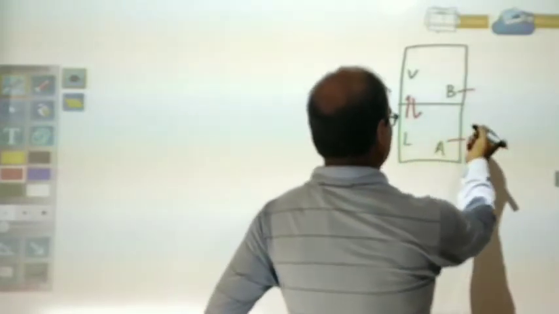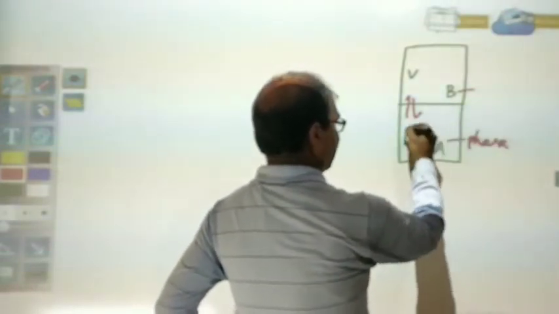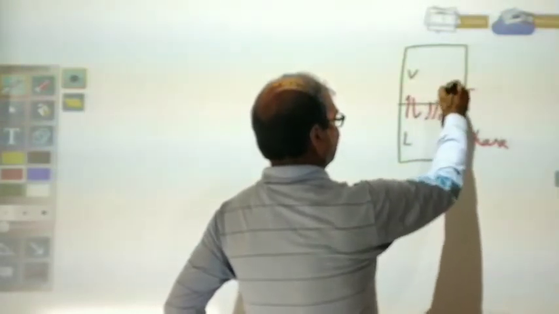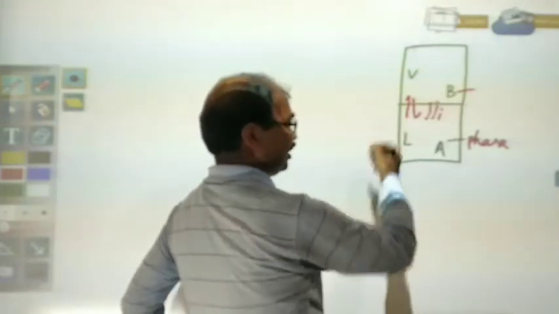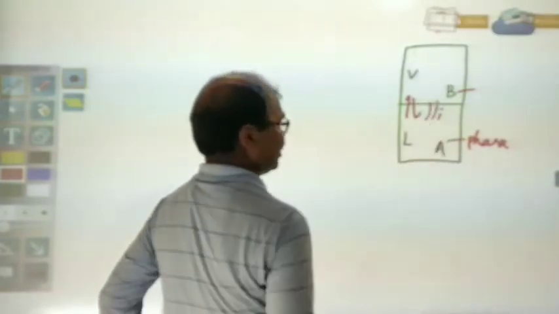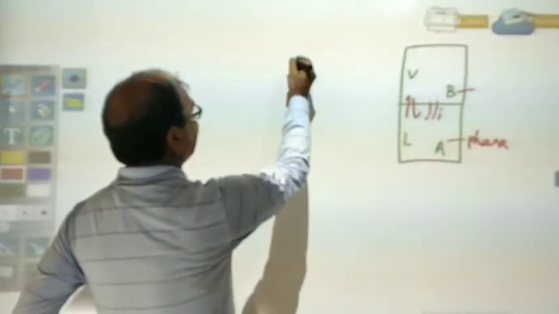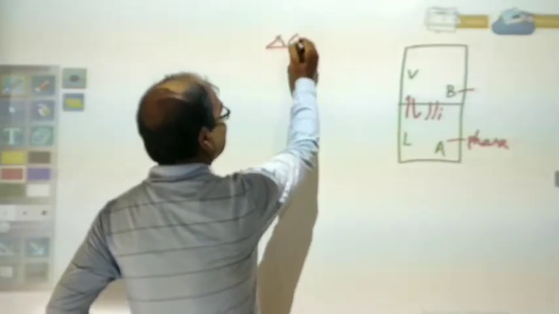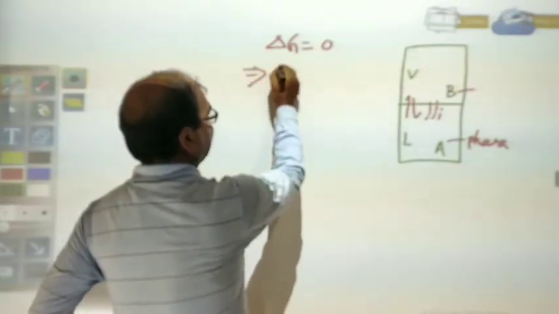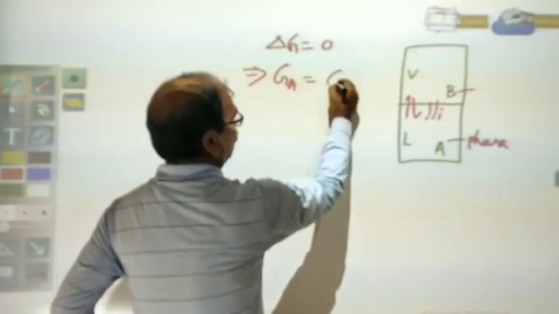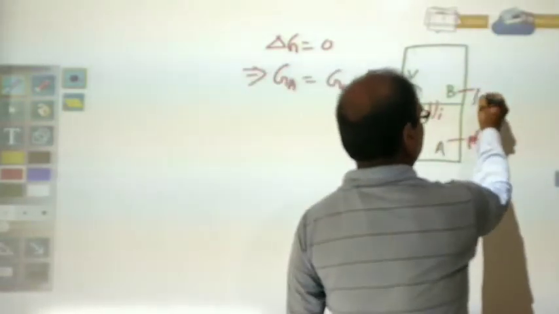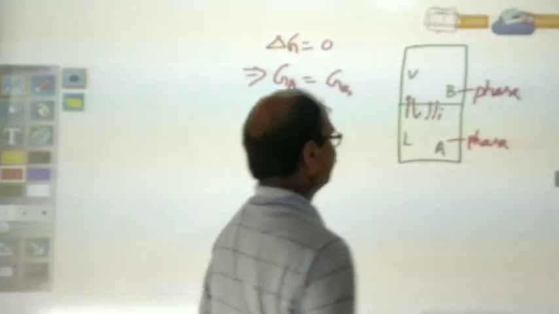When the liquid is taken and vaporization starts, after some time equilibrium is attained, the liquid-vapor equilibrium. So at the equilibrium point we have delta G equal to 0. This implies GA is equal to GB, the free energy of phase A is equal to the free energy of phase B.